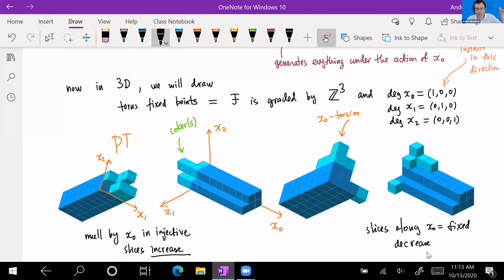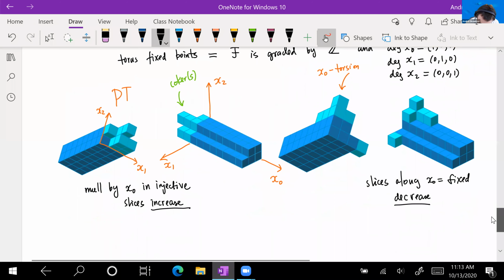They decrease, because we have to start from something, and then we generate everything from that, and so that means to get things smaller and smaller. So this maybe should give you some feeling as to how these things are happening.